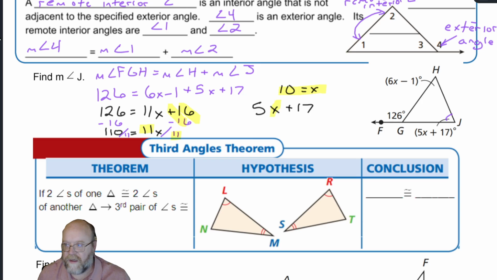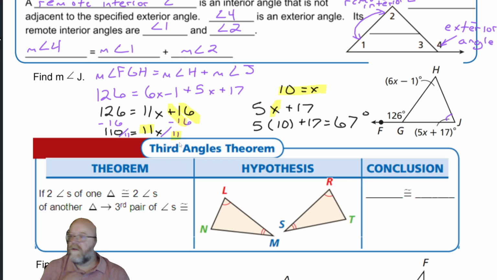So instead of x, I'm going to write what x is. 5 times 10 plus 17 is going to equal, that's 50 plus 17, 67 degrees. Does that make sense? That's my x right there. All right, hope that made sense. Let's move forward.